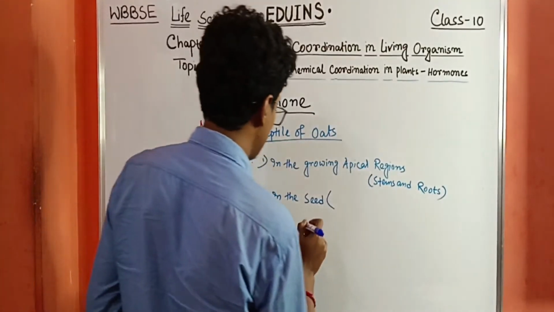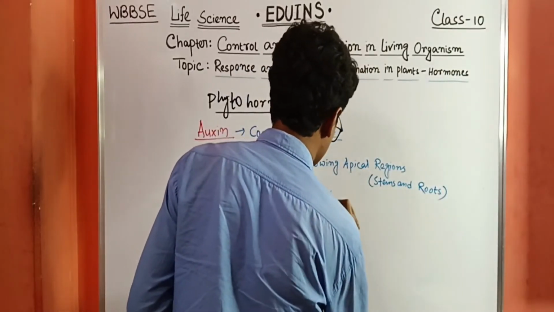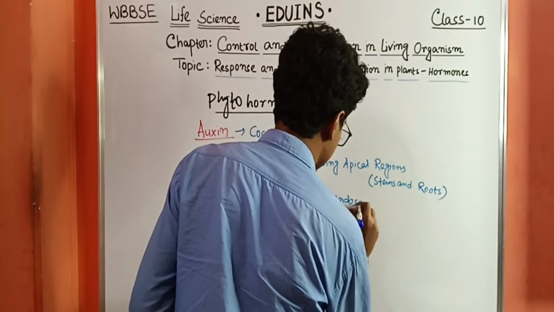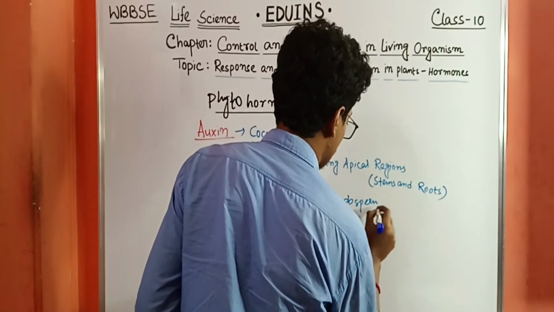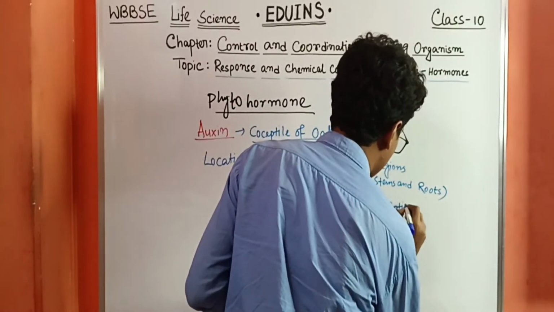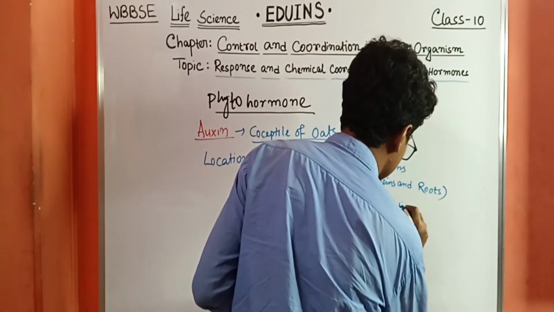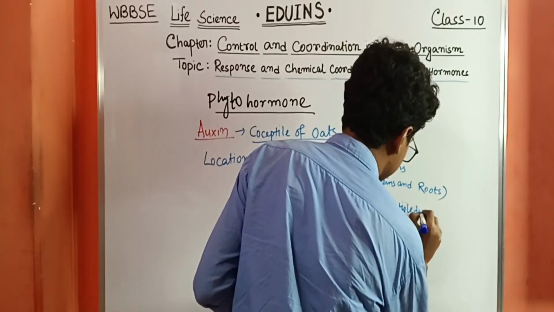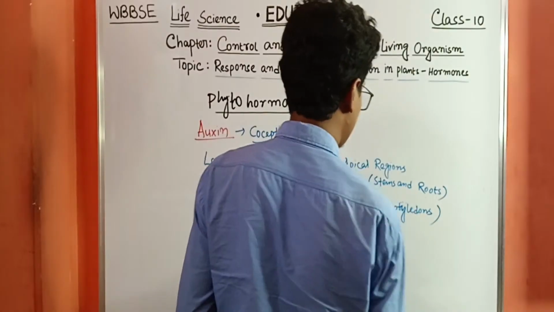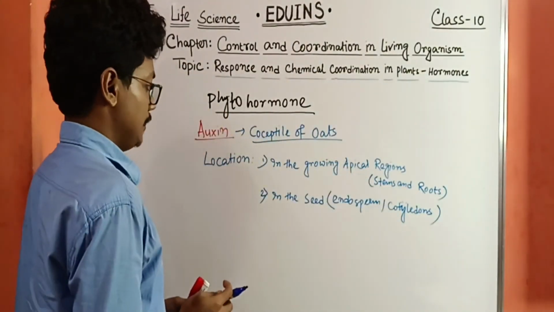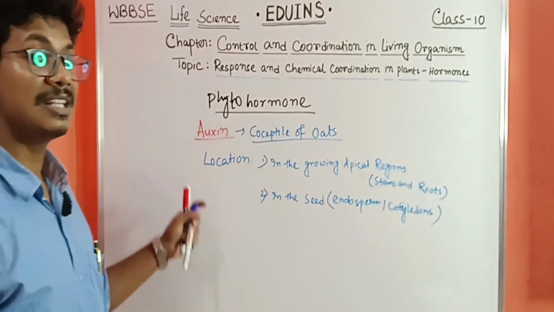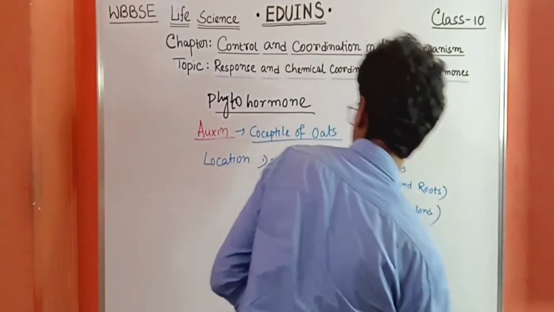So this is found in the seed, in the endosperm or in the cotyledons. Next, the function of auxin. What is the function?